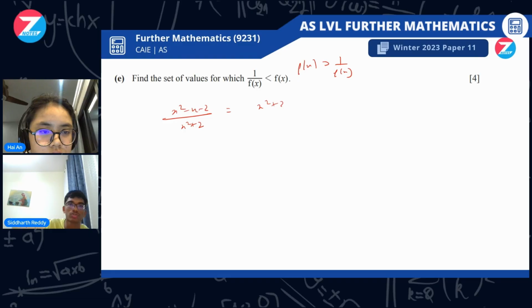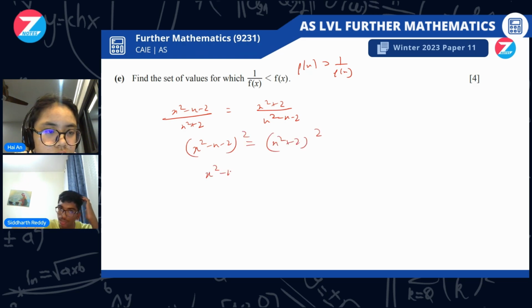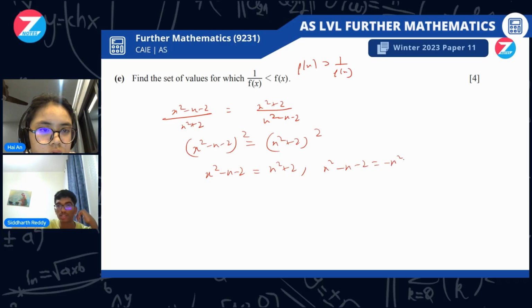So x square minus x minus 2 whole square is going to be equal to x square plus 2 whole square. Taking the roots on both sides, we get x square minus x minus 2 is equal to x square plus 2. And don't forget the plus minus, you have to form another equation also. So x square minus x minus 2 is equal to minus x square minus 2. So here x square and x square cancel, so we have minus x minus 2 is equal to 2. Minus x is equal to 4. x is equal to minus 4. So that's going to be one intersection.